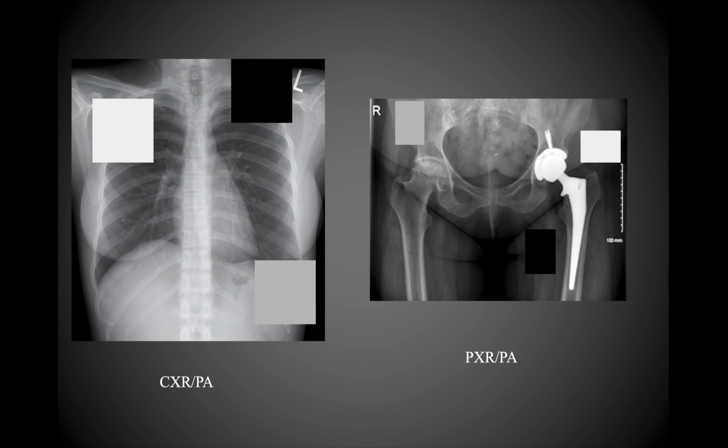So now looking at a couple of examples, on the image on your left, you can appreciate the whitest appearance of the bone. So again, you can see the ribs all appearing whitish. You can see the various parts of the shoulder joint, clavicle coming across. You can see the spine right here in the midline.